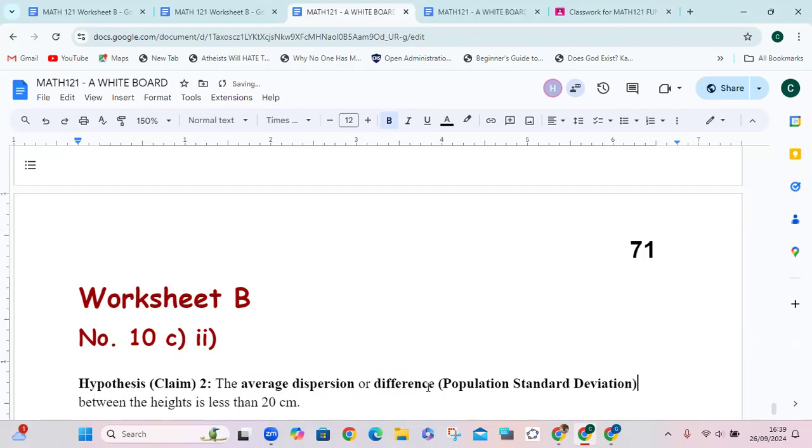I purposefully did not just write population standard deviation from the beginning, because I used that opportunity to explain what standard deviation describes. It describes the average dispersion between the values.